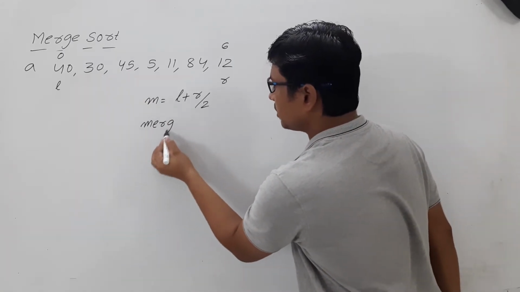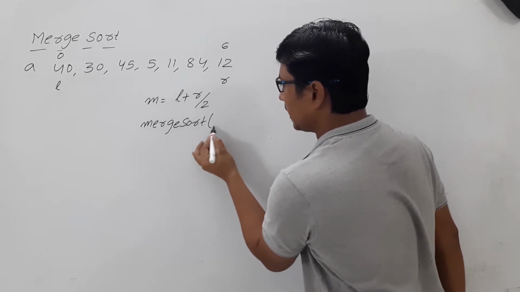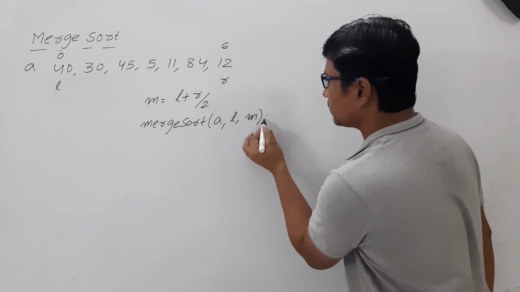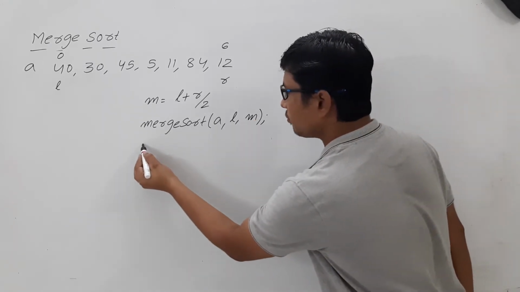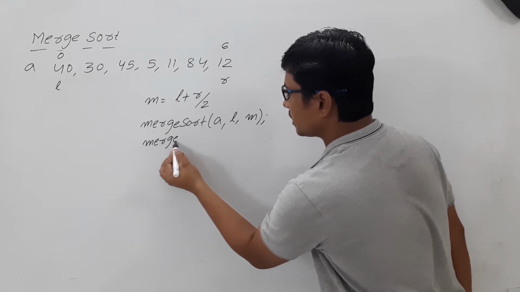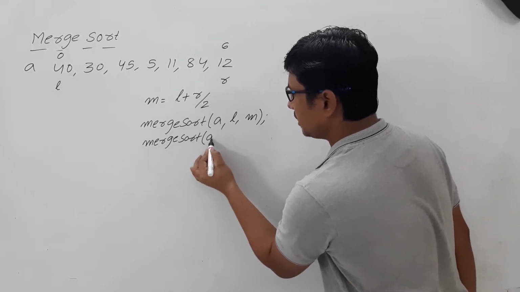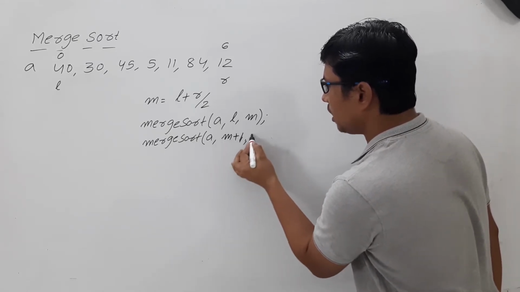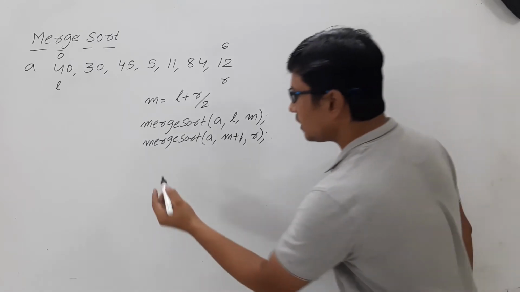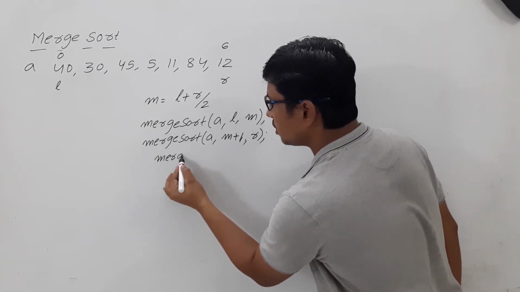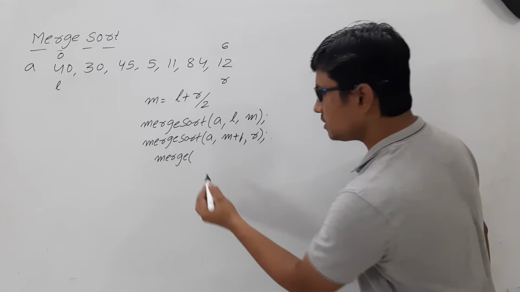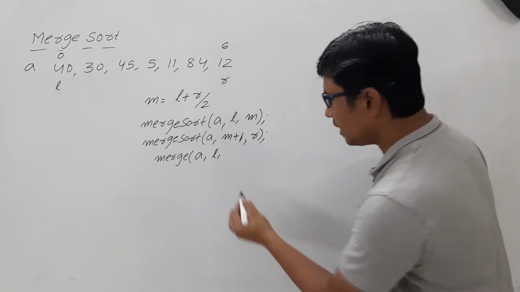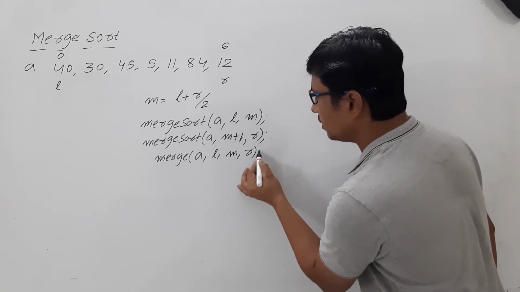Again we will perform merge sort on the array A from L up to M. Is it clear? Then again we will perform another merge sort recursively on the elements of A from M plus 1 to R. And then I will perform the process called merging, merging on the array A from L, M and R. Is it clear?